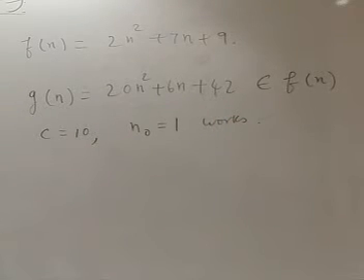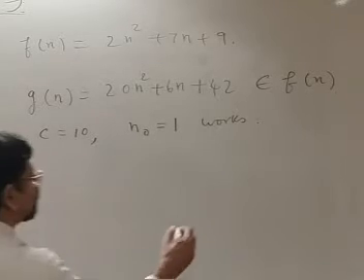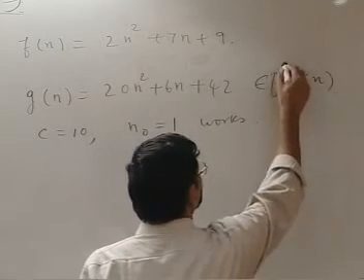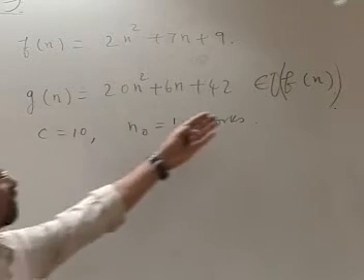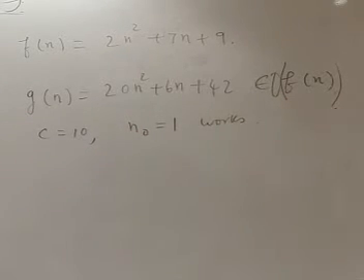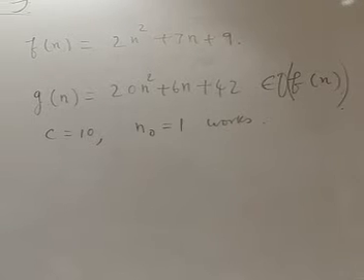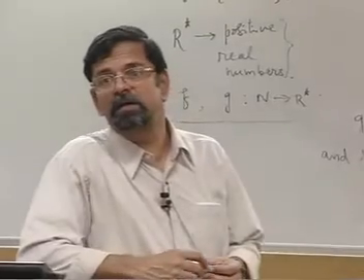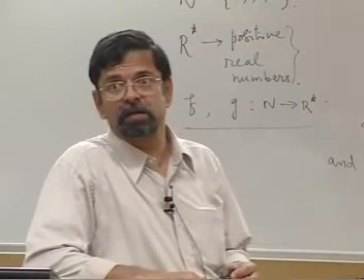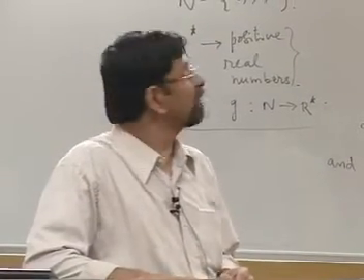Yes? You are right. This function belongs to big O of f of n. When you define the big O notation, N and R star are the values which small n can take.